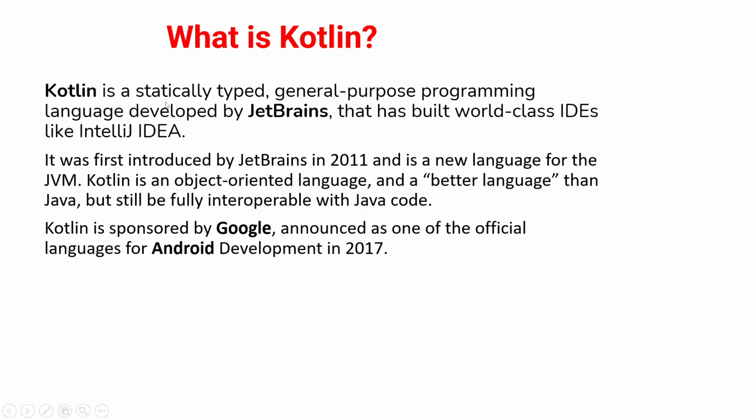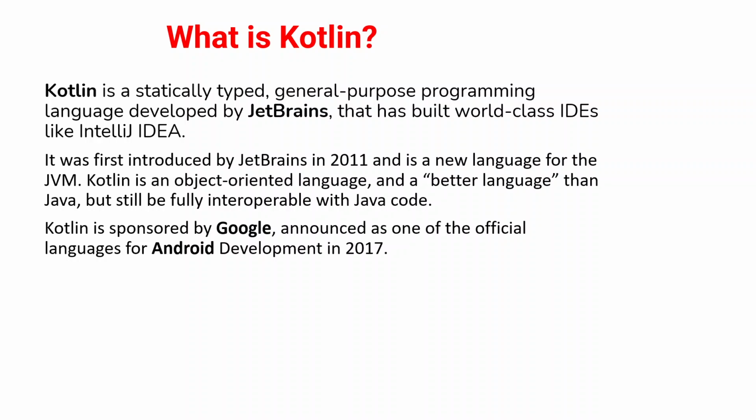Kotlin is a statically typed general purpose language developed by JetBrains, which has built world-class IDEs like IntelliJ IDEA. It was introduced by JetBrains in 2011 and is a new language for the JVM. Kotlin is an object-oriented language and a better language than Java, but still fully interoperable with Java code.